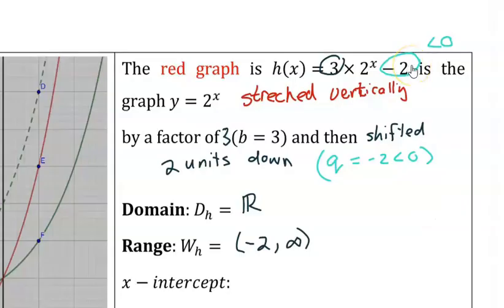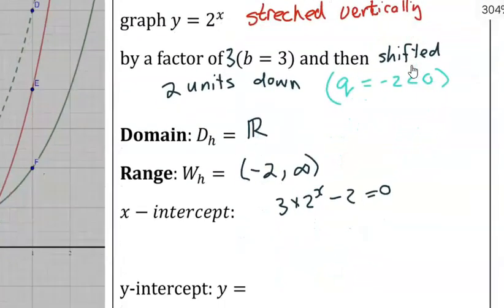So let us see whether we have an x-intercept. If I now put 3 times 2 to the x minus 2 equal to 0, then I will get 3 times 2 to the x is equal to 2, or 2 to the x is equal to 2 over 3, and that you must solve using logs.